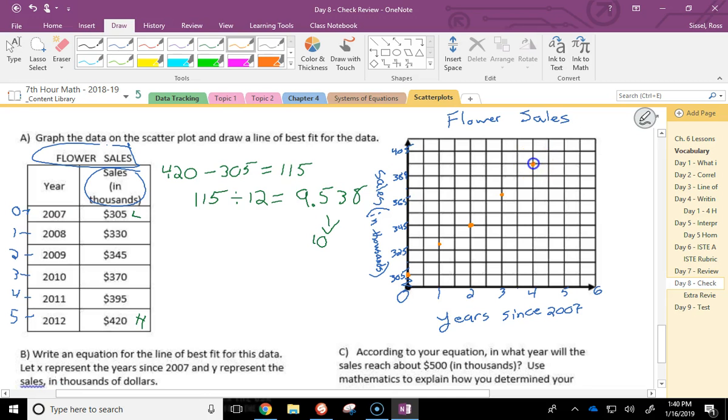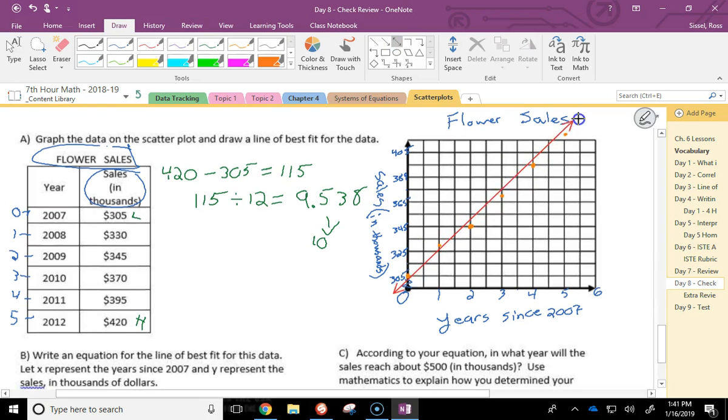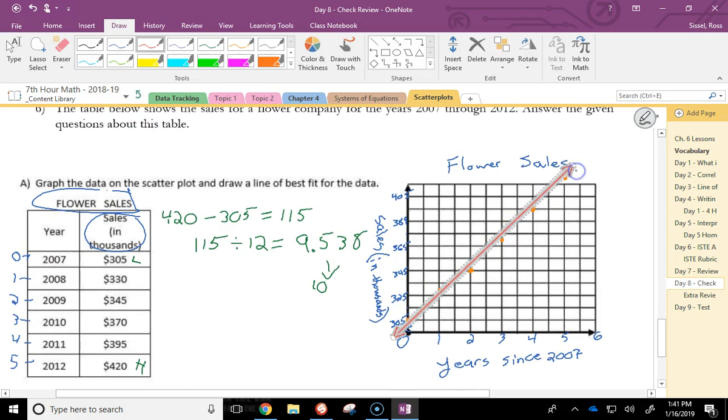The last one is 420. So this is 45, so it's right off my chart. Okay, after we've plotted our points, we have to go ahead and put in our line. Really close to having a linear line.